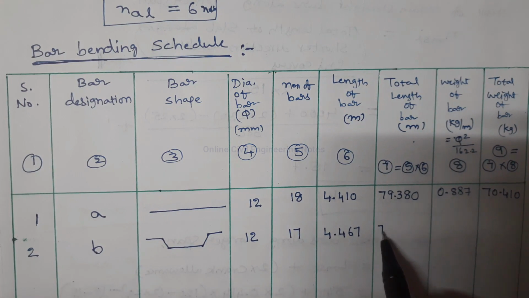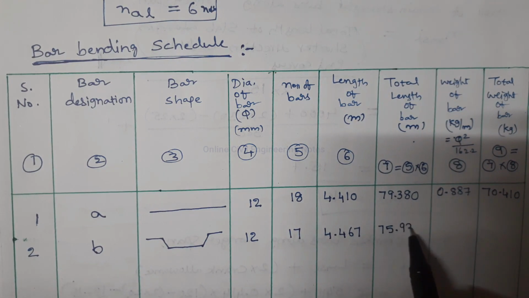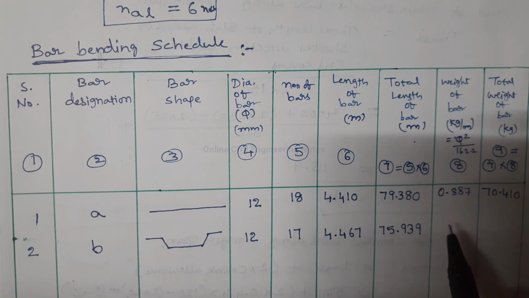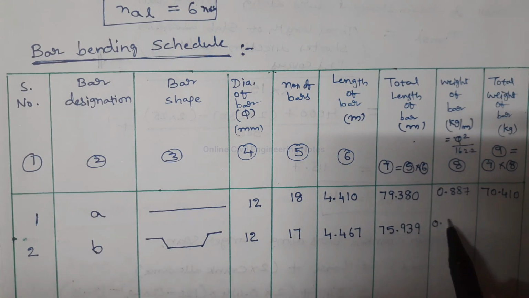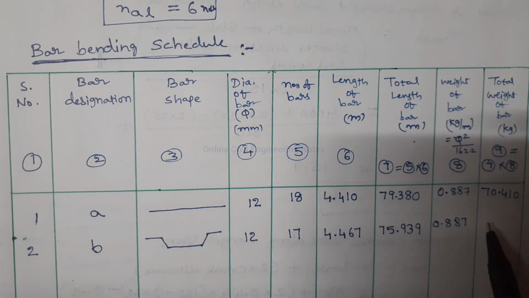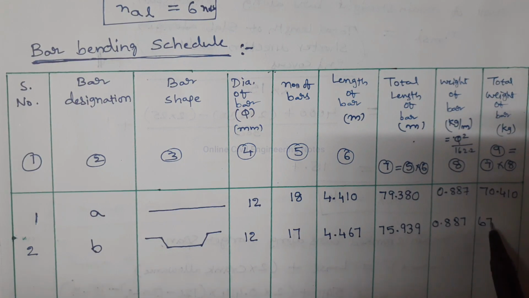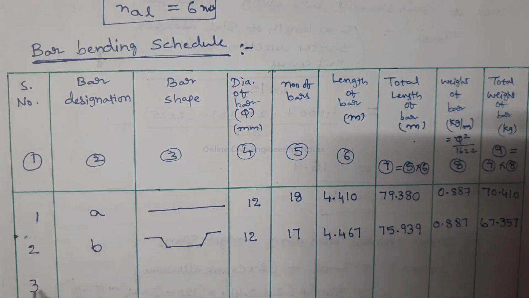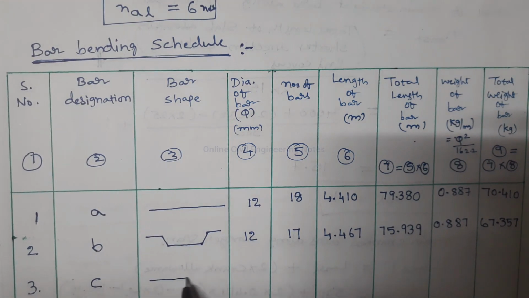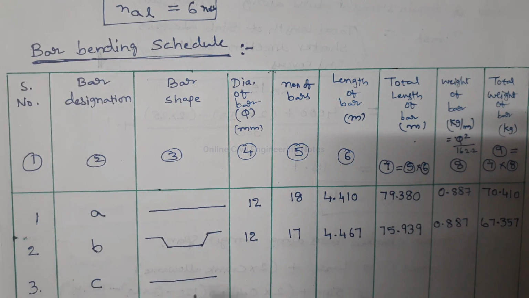Total length is equal to 75.939 meters. Weight per meter length of bar is equal to 0.887. Total weight of the bar is equal to 67.357 kgs.